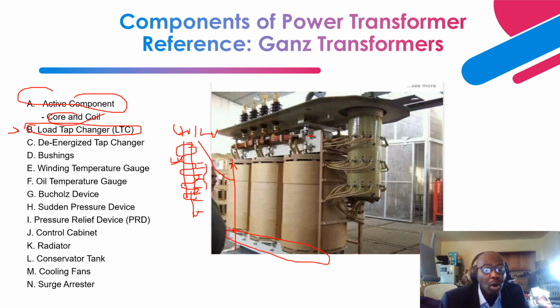The goal of the tap is to provide that regulating voltage to the load. An example is 16 taps above, 16 taps below, so 33 taps. You change those taps based on the output voltage that you want for the load.